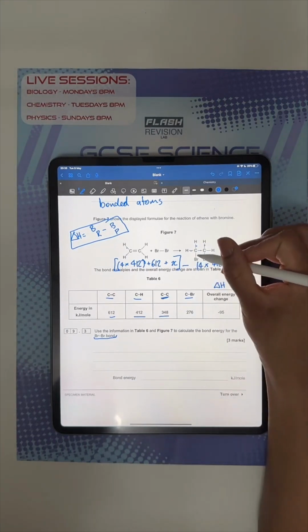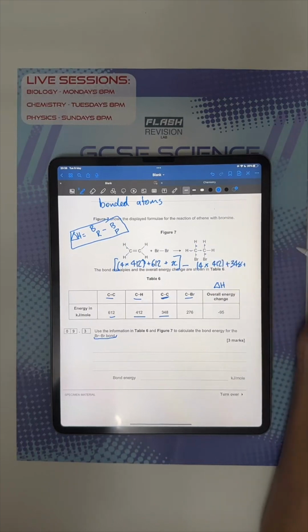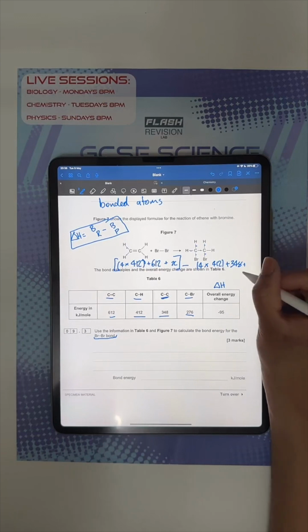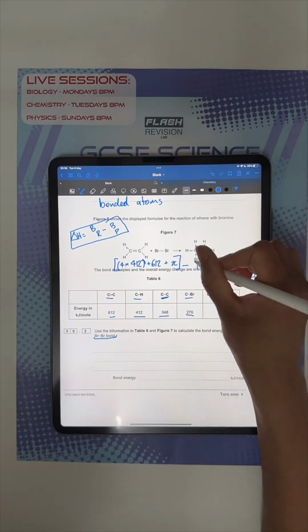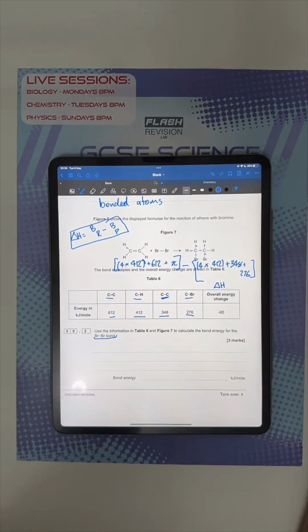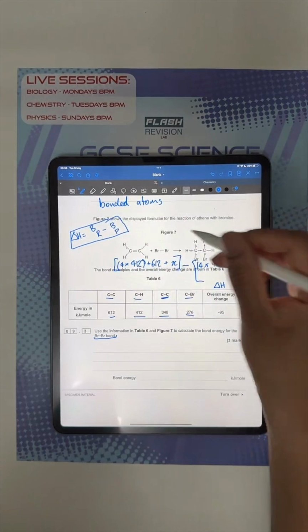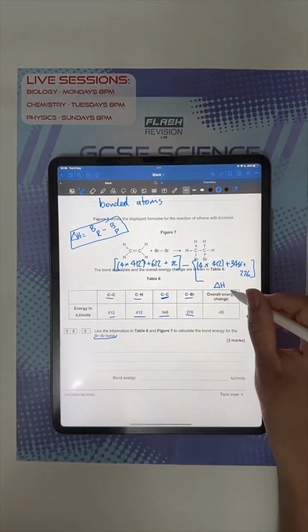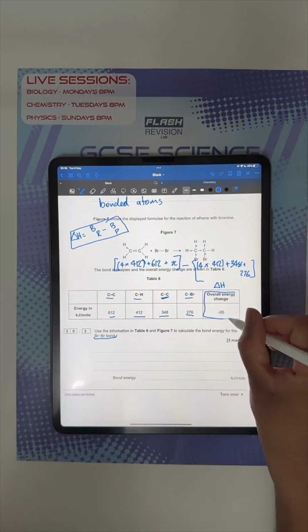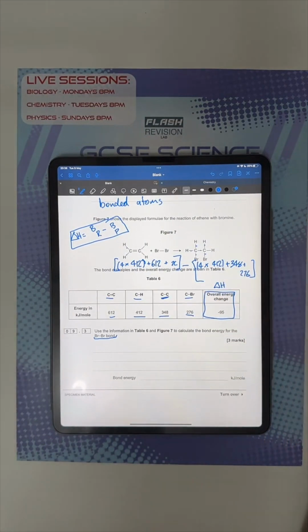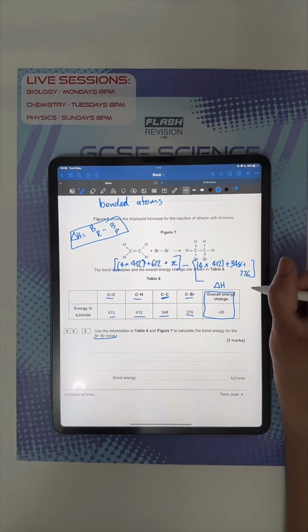Plus, we now have 2 CBr bonds, which is 276. Okay, that minus that equals, so the bonds of reactants minus bonds of products equals our delta H. And our delta H this time is different to before. It's given to us as minus 95. So all of that is equal to minus 95.